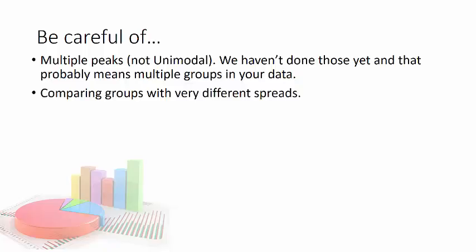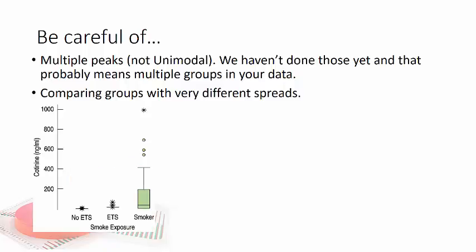Be careful about comparing groups with very different spreads. For example, this is measuring the level of cotinine. Basically, you've got smokers, people who are not exposed to smoke, and then people who are exposed to smoke. So if you're looking at it, you're really just seeing the smoker data.